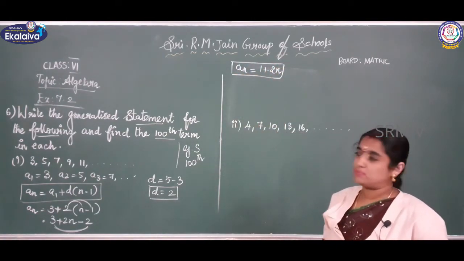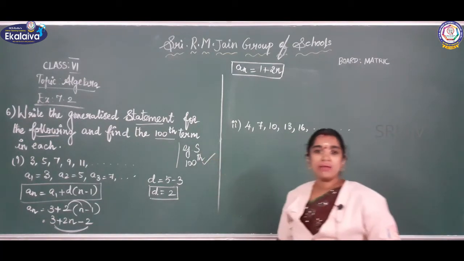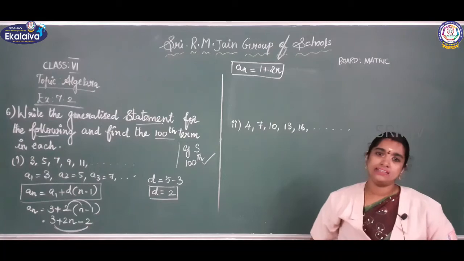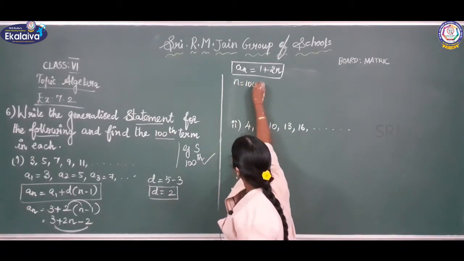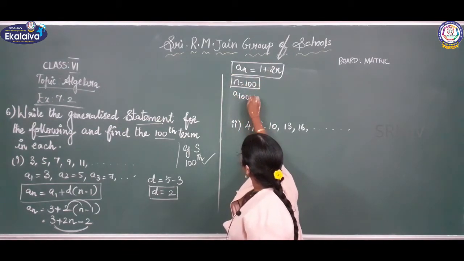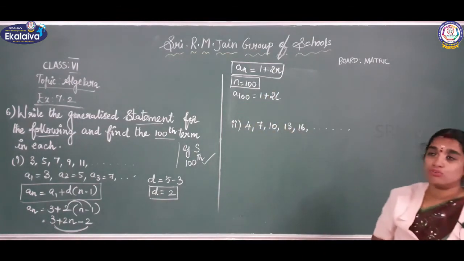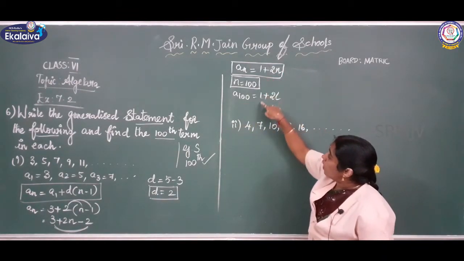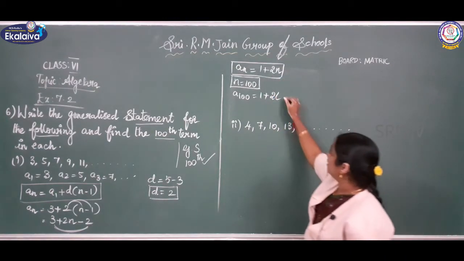Now I can substitute n is equal to 100. Why? Because I am going to find out the 100th value. Is it clear? Now listen, n is equal to 100. A100 is equal to 1 plus 2 into, substitute in this, okay, 1 plus 2, instead of n, 100.